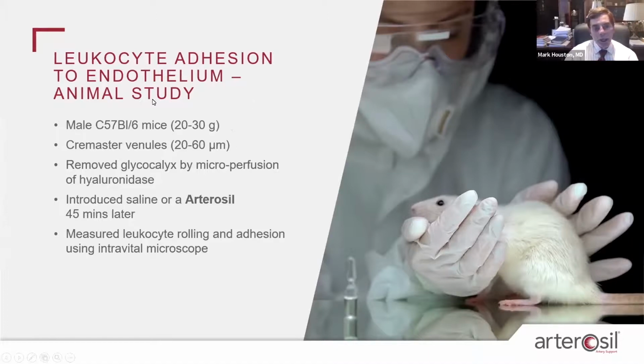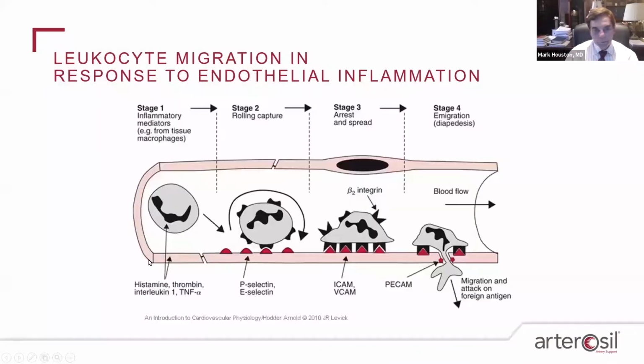This is a study in an animal where the glycocalyx was actually removed by microperfusion using hyaluronidase, and then introduced either saline or ARTEROSIL 45 minutes later. And the end result compound was to measure leukocyte rolling and adhesion using an intravital microscope.